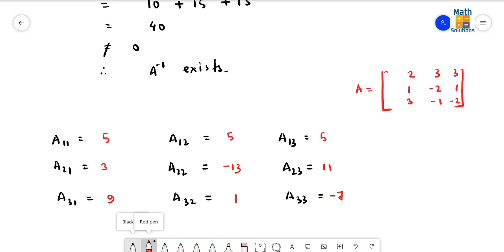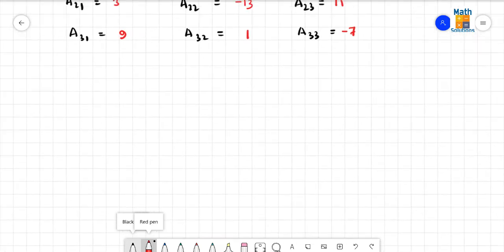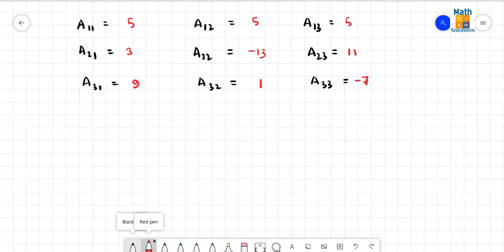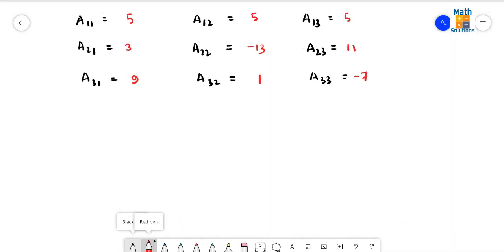So we shall be finding out the adjoint now. Adjoint of A will be equal to these, written as 5, 5, 5, then 3, −13, 11, then 9, 1, −7.